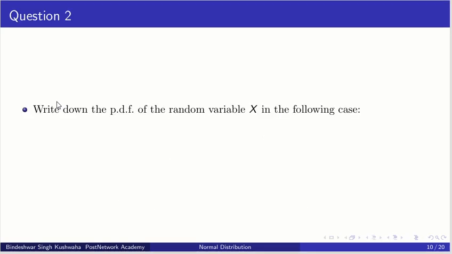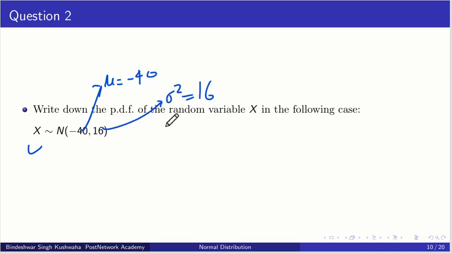Now question number 2: write down the PDF of the random variable x, which is following a normal distribution with mean minus 40 and variance 16. That means the standard deviation is 4.